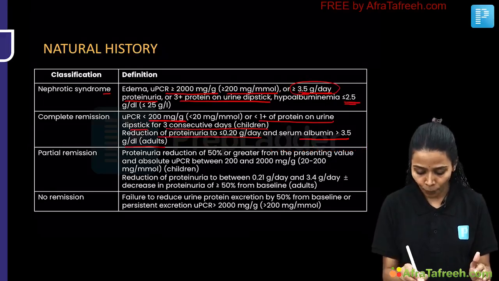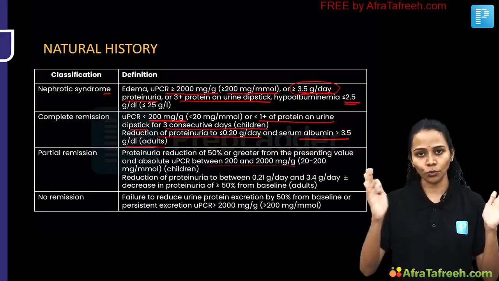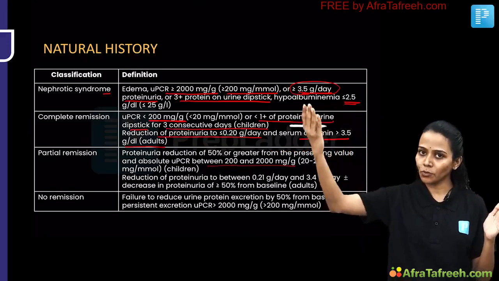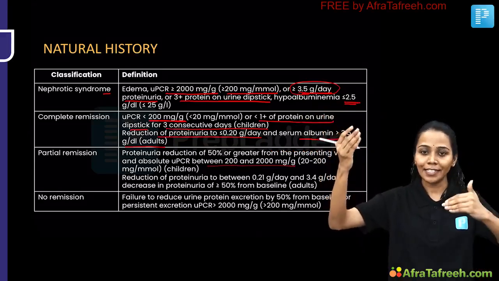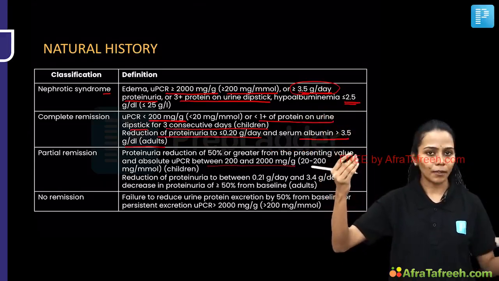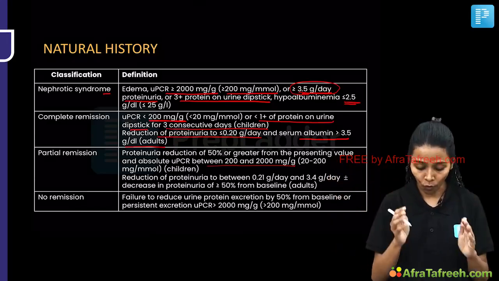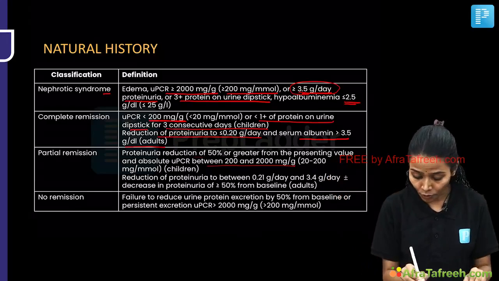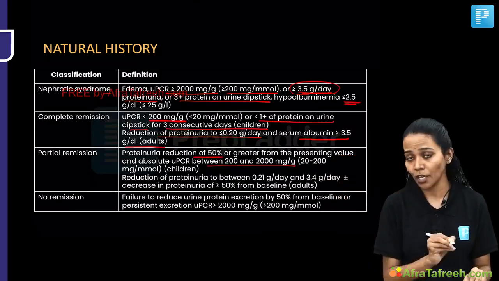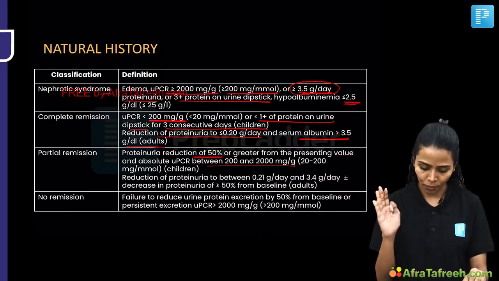That is, in children UPCR becomes between 200 to 2000, because we told more than 2000 is nephrotic syndrome. Less than 200 became complete remission. So 200 to 2000 becomes partial remission, or when there is reduction of 50% of proteinuria or greater from the baseline. Okay.